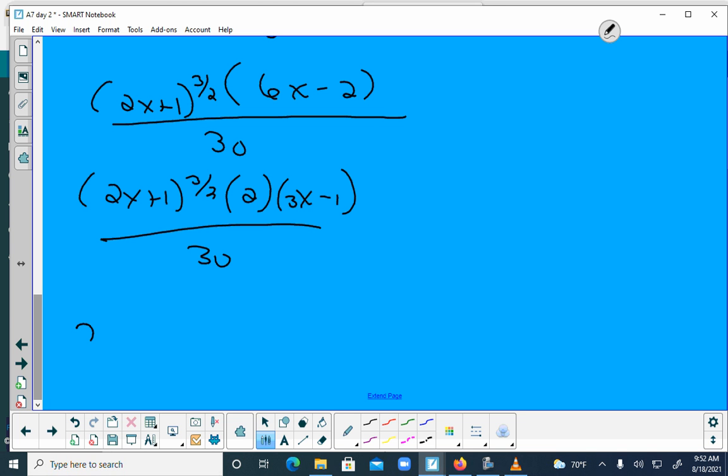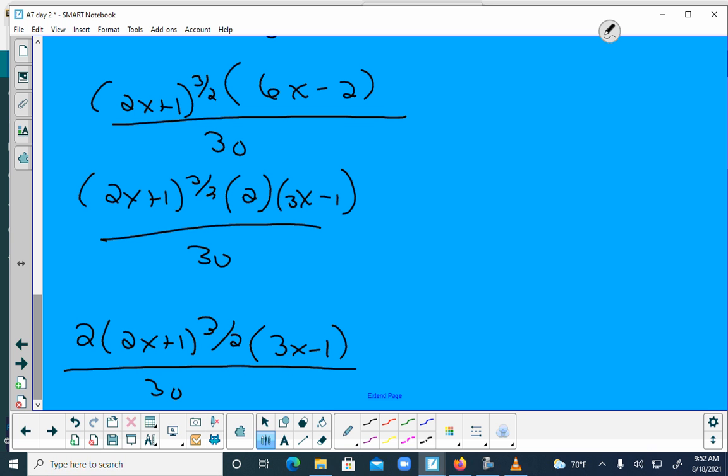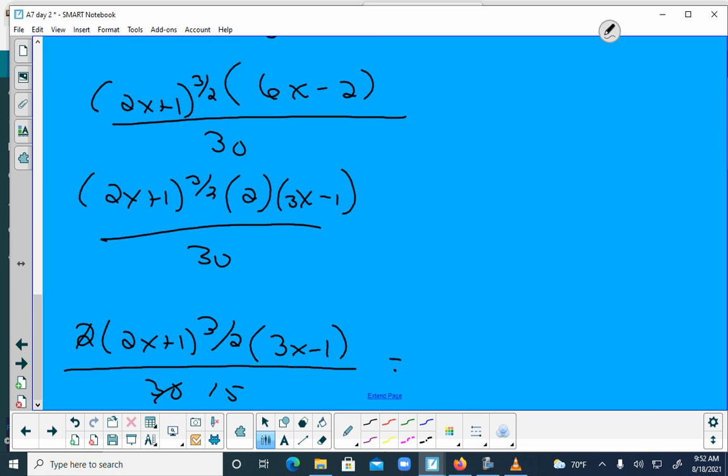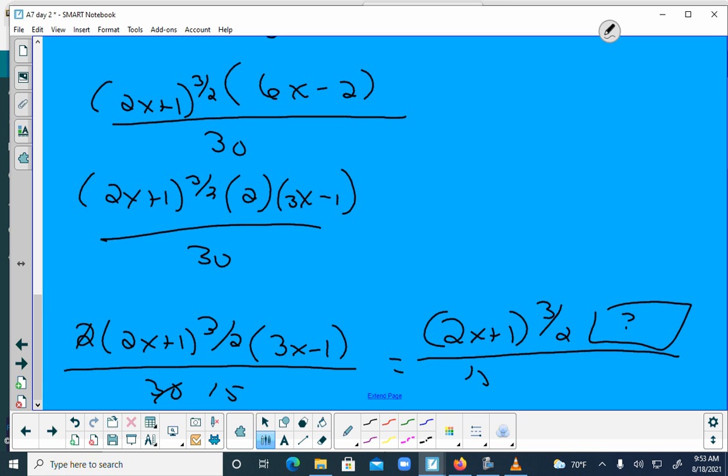Now what can I do? Do you agree that I could rewrite this like this, right? You can simplify this, and this will be 15. Now when I compare my left side to the right side, this is what it should have been equal to the whole time. And we had that blue box, what is over 15.